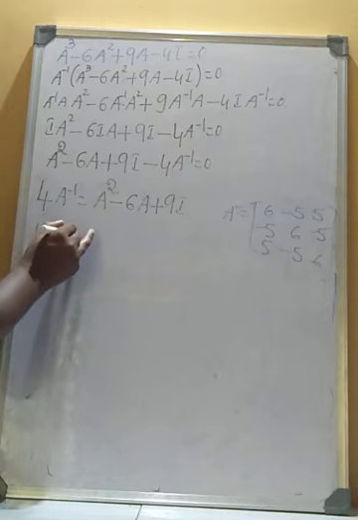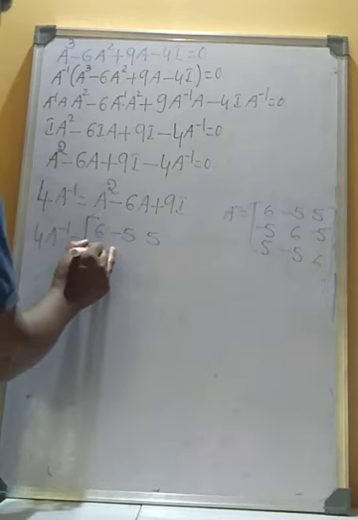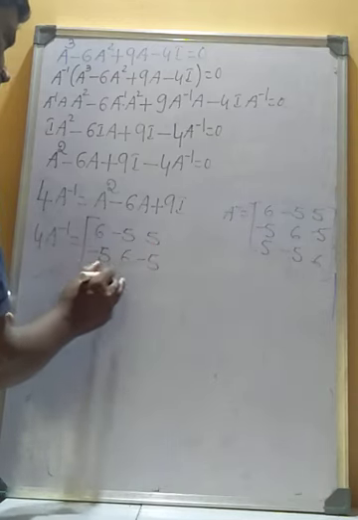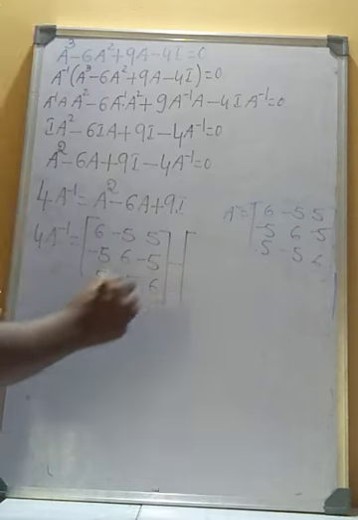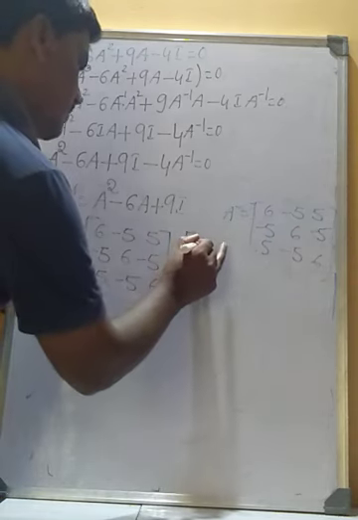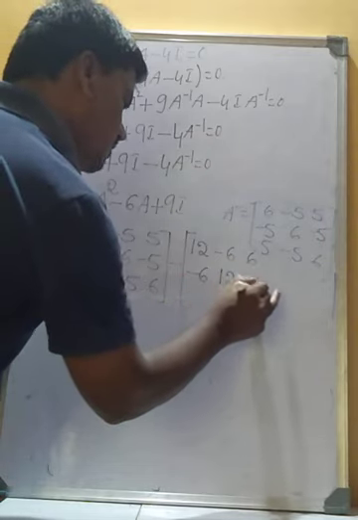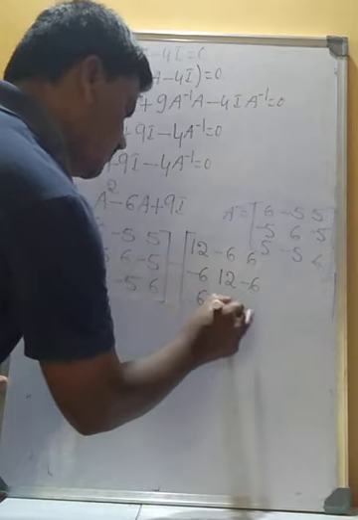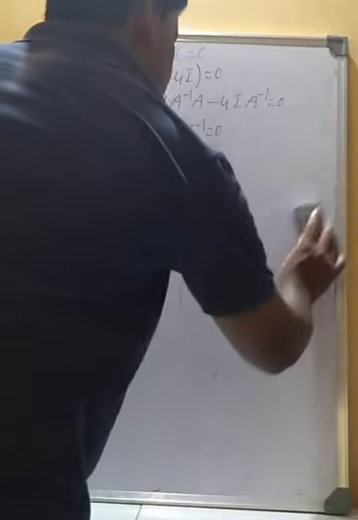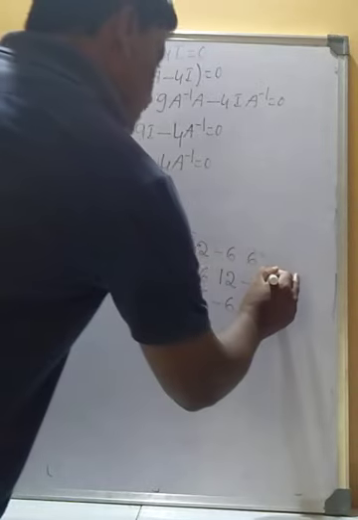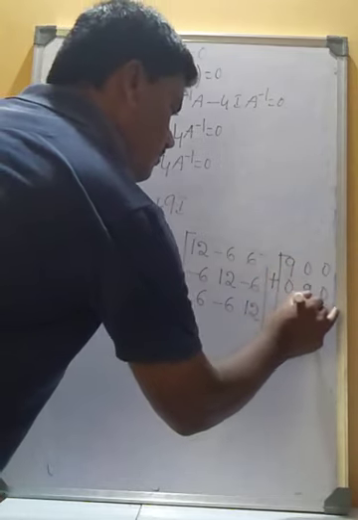Therefore 4A inverse is equal to [6 -5 5; -5 6 -5; 5 -5 6] minus 6 into A, 6 2s are 12, minus 6, plus 6, minus 6, 12, minus 6, minus 6, minus 6, 12, plus 9I. 9I is the identity matrix times 9, that is 9 0 0, 0 9 0, 0 0 9.